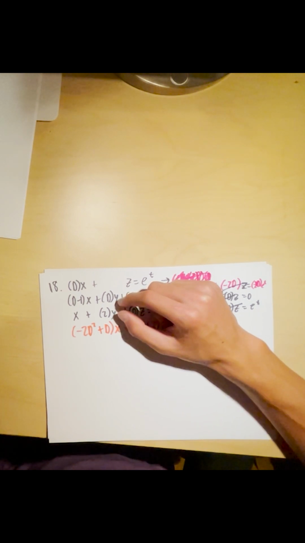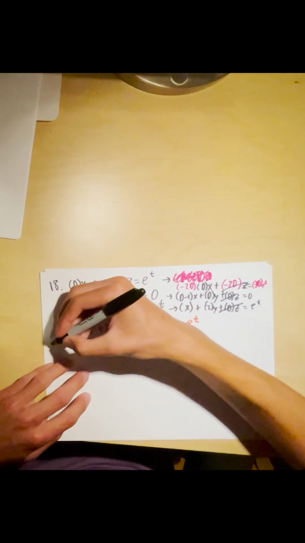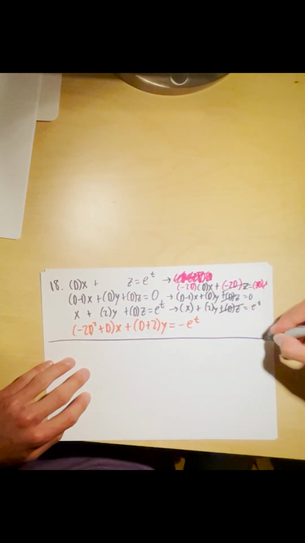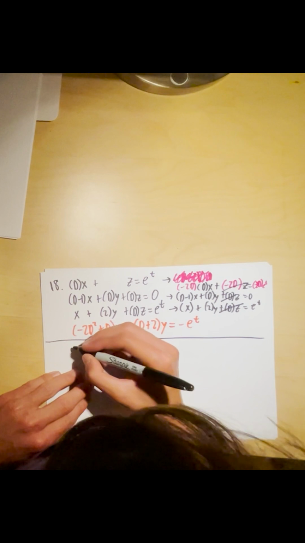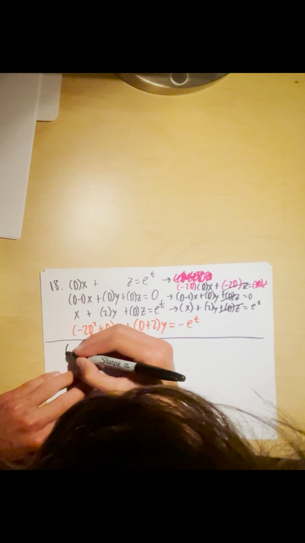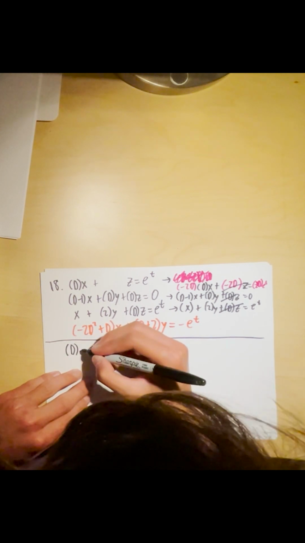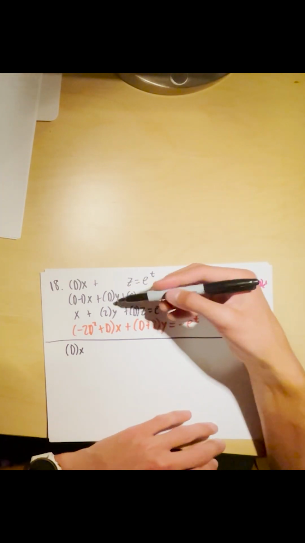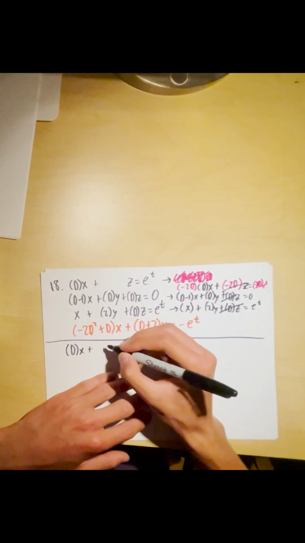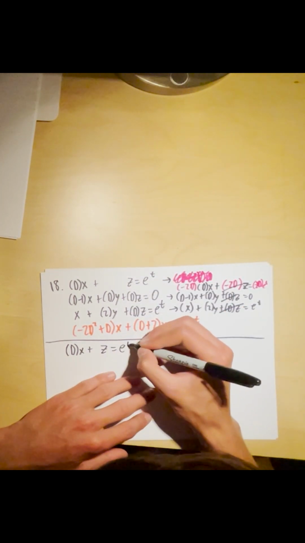Our first step, I'm going to separate out here. The top we leave because it doesn't have y, so we don't have to worry about it: Dx plus z equals e to the t.